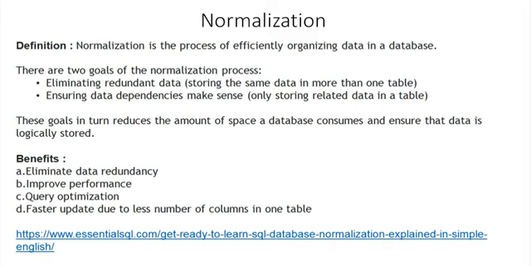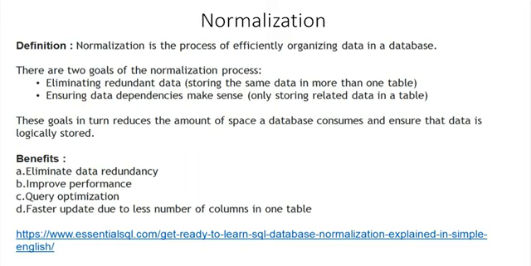The first one is to eliminate redundant data, that means storing the same data in more than one table. And the second goal is ensuring that the dependencies between the data make sense. That means only store the related information in the table. All other information should be separated out. Only the related data should be available in one table.